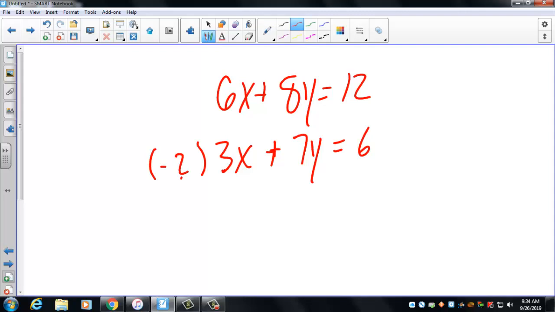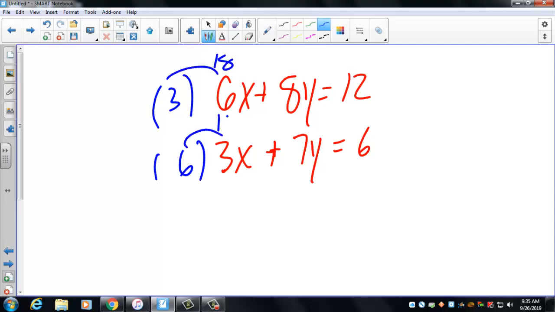Do you see that? But even if you didn't do that, if you multiply the top equation by 3, the bottom equation by 6, and then said, well, this is going to be 18, this is 18, this is 18, I need one of them to be negative, you still get the right answer. Does that make sense?